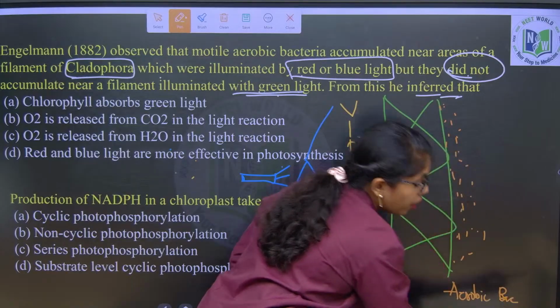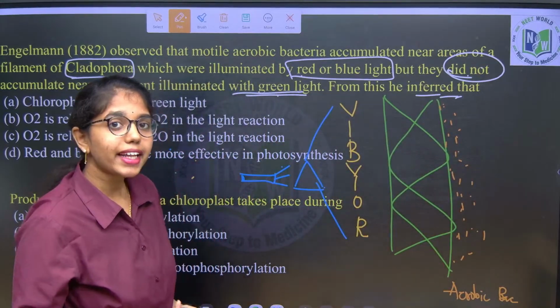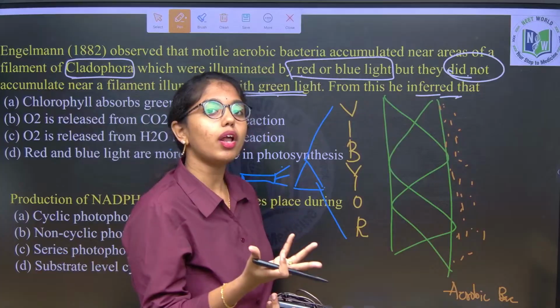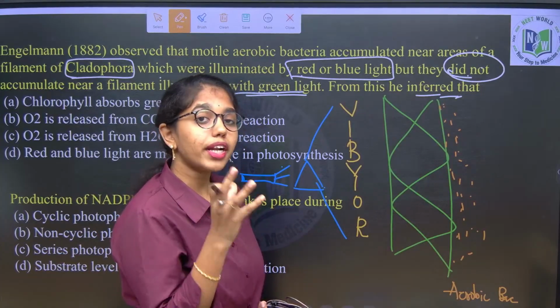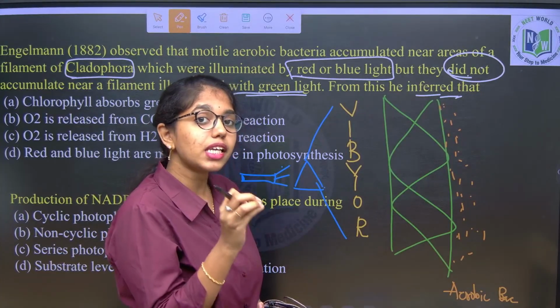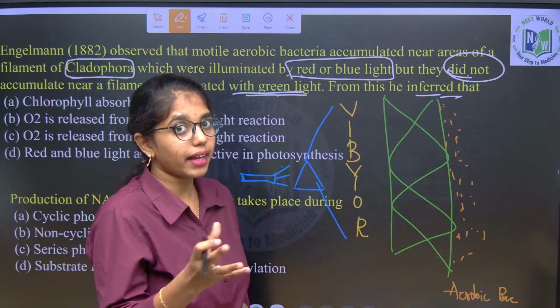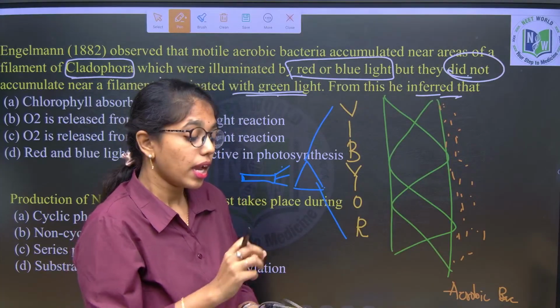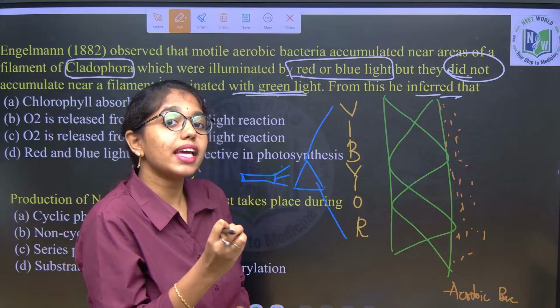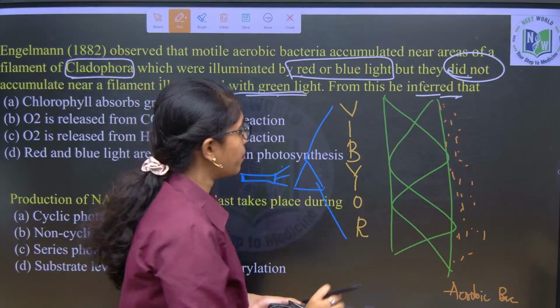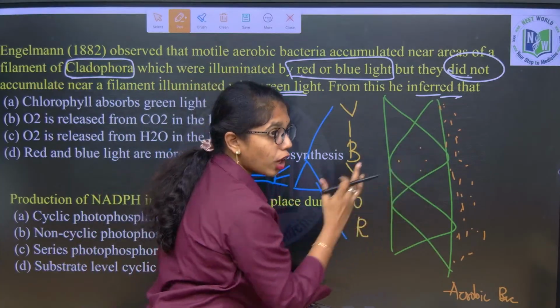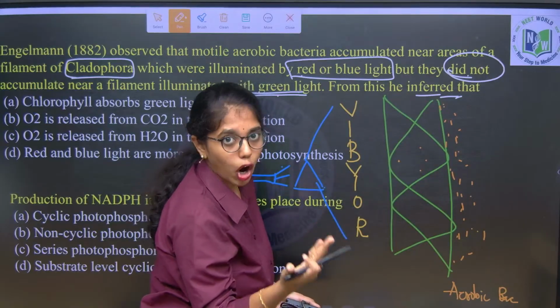We all know aerobic bacteria at the end of respiration will evolve what? Oxygen, right? It requires oxygen for respiration. It will accumulate wherever there is more synthesis of oxygen, and Cladophora at the end of photosynthesis will evolve oxygen.